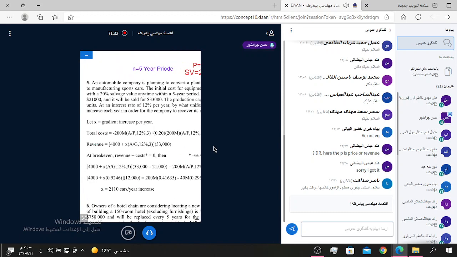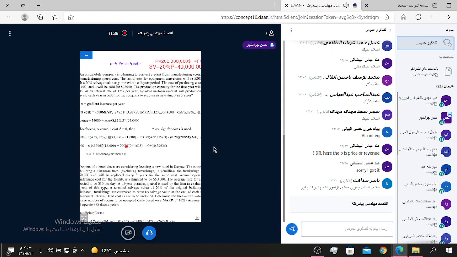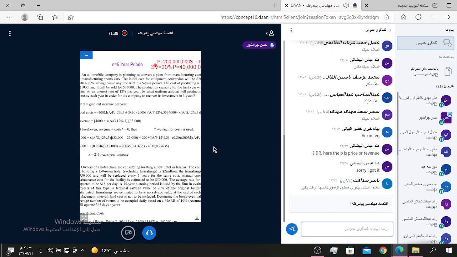Total cost. To calculate total cost, you have P minus SV. I typed it in public chat.